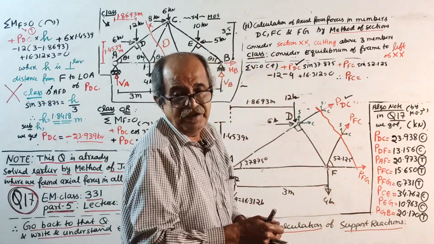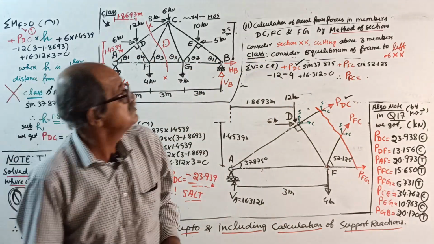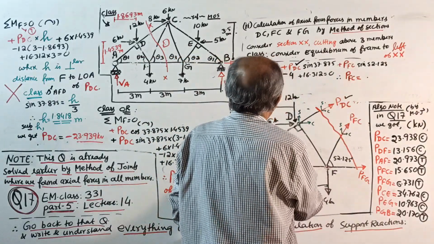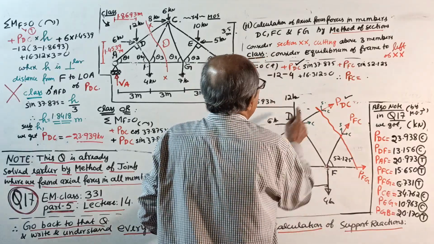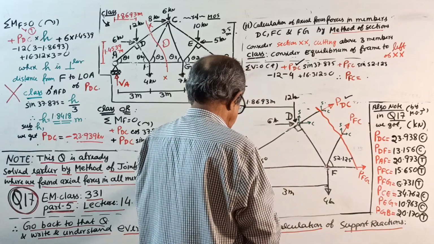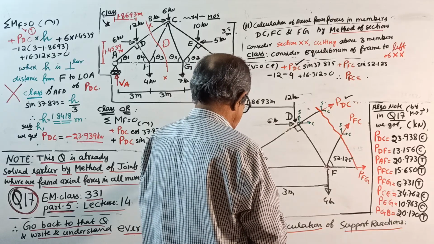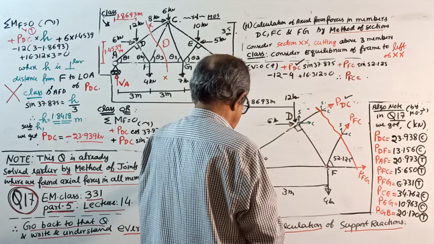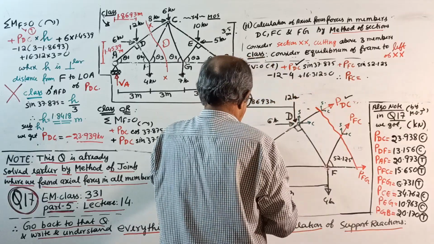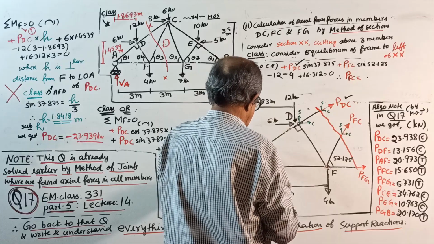One minute, I'll calculate. Not cheating this time, I'm really calculating. PDC minus 23.939 into sine of 37.875, minus 12 minus 4 plus 16.312.